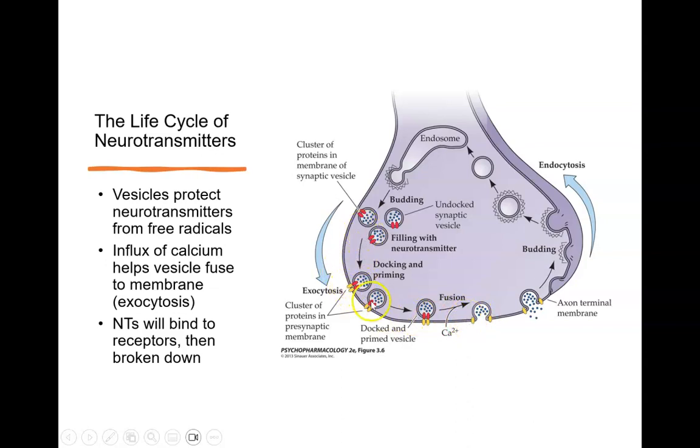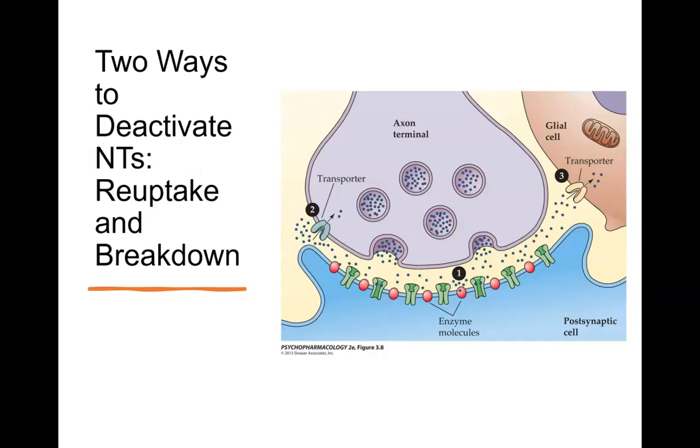So basically the vesicle is going to dock, it's going to prime, it's going to begin to fuse with the cell membrane, forming an omega figure, and at that point, neurotransmitter molecules are going to be released into the synapse. Then endocytosis will occur. We'll get a complete fusion with the cell membrane, but part of it is going to bud off and again join with that endosome. The neurotransmitters will bind to different types of receptors, and then it is going to be broken down.